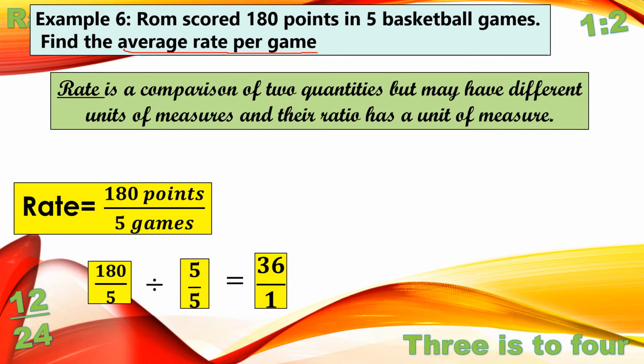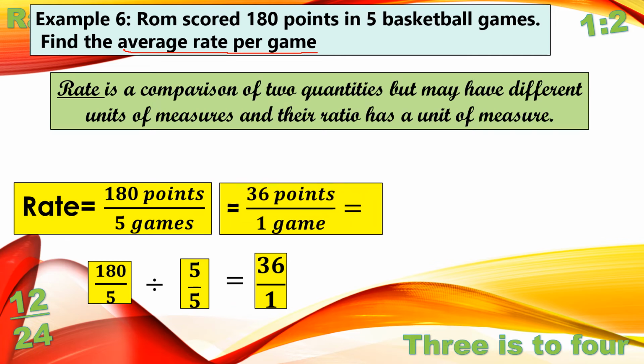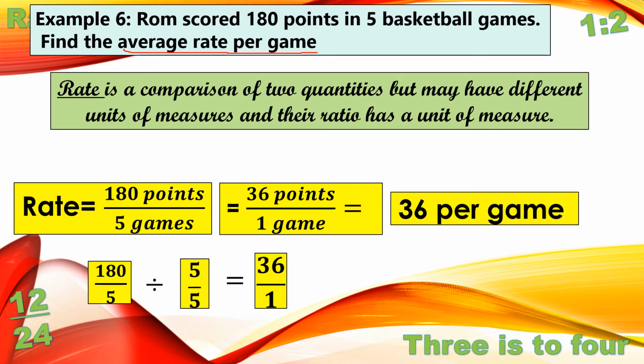So, 36 over 1. So, 36 points and 1 game. So, ibig sabihin, sa isang game, meron si Rome na 36 points. So, 36 per game.